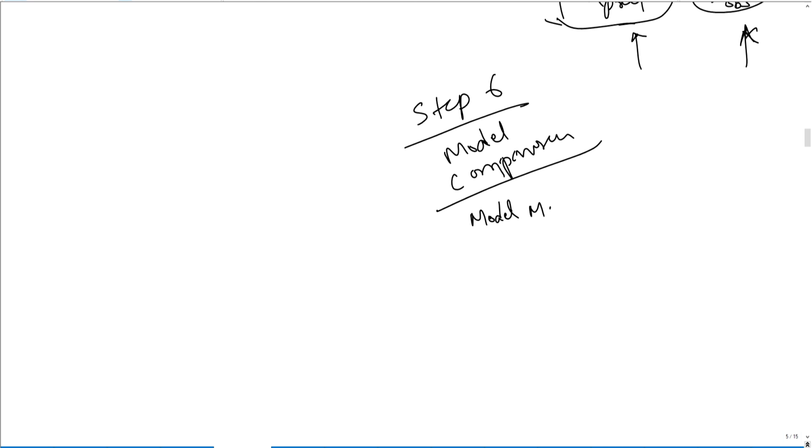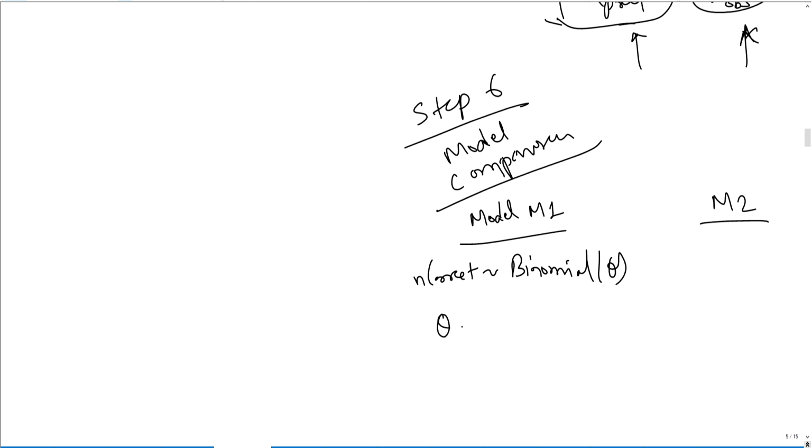Okay. So, let us say models M1 and M2 look like this. Let us say model M1 is like this: the number of correct responses comes from binomial theta, where theta comes from beta 90-10, and model 2 tells you that the number of correct responses comes from binomial theta.